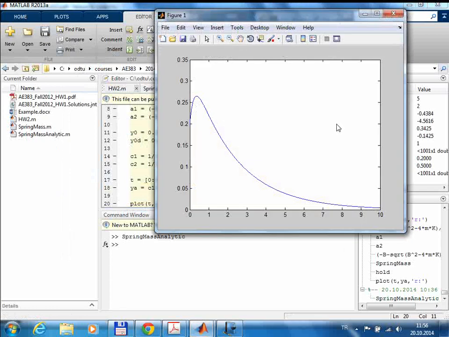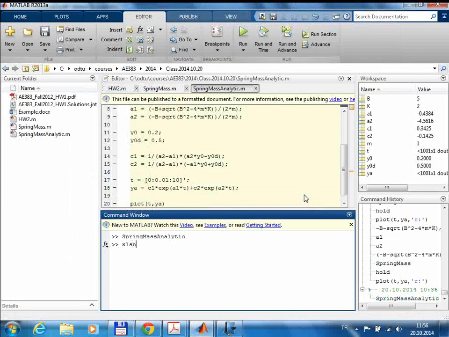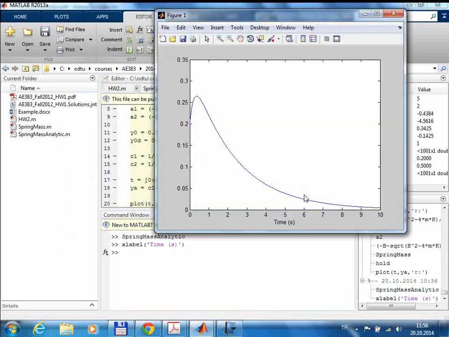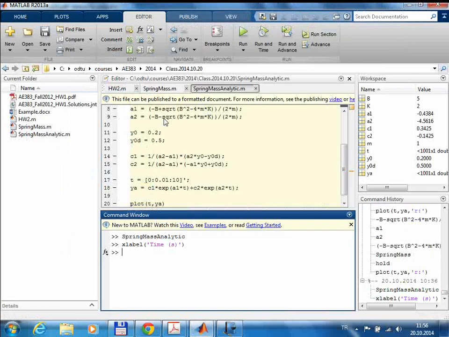So this is the response of the system. The horizontal axis is time, so let me add those. The X label should be time in seconds, and the Y label should be the position of the mass, Y, in meters.